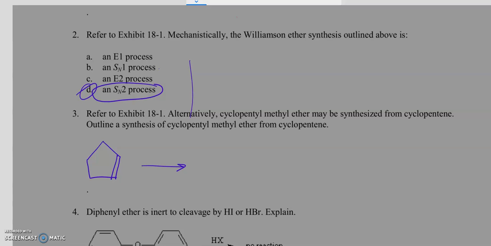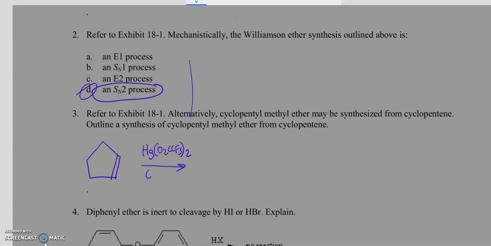Alkoxymercuration of an alkene. In this one, we're going to react with mercuric acetate, or we can react with mercuric trifluoroacetate, right? So I'm going to write here mercury acetate, or mercury trifluoroacetate.